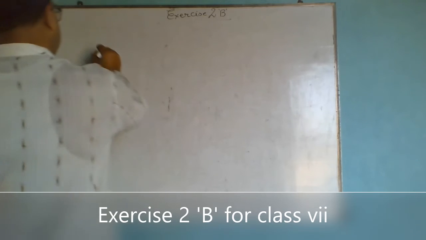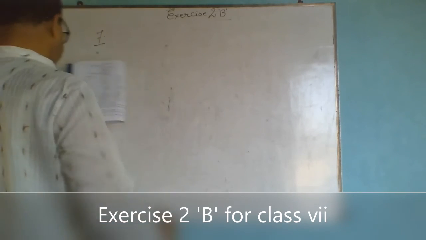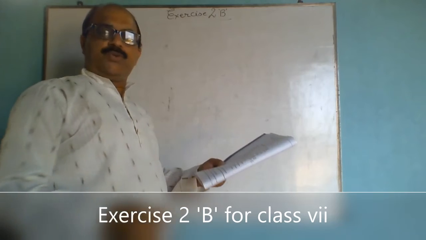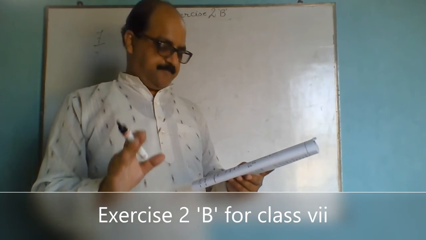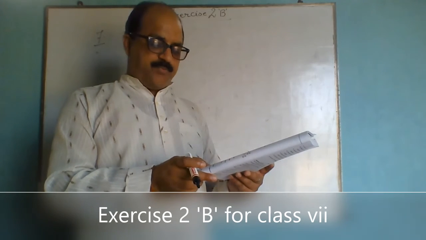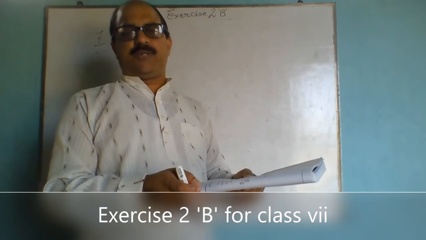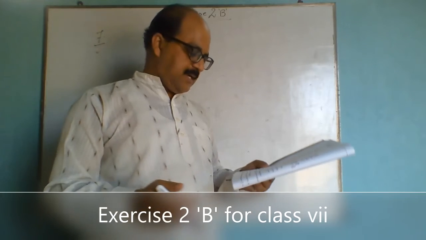Question number 7. One tin holds 12 whole 3 by 4 liters of oil. How many liters of oil can 26 such tins hold? Yes, of course, you will multiply it.